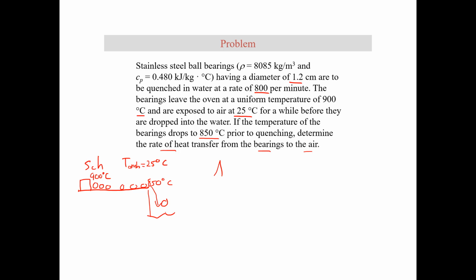Now, let's draw some assumptions. Number one, I'm going to assume the bearings are solid. Number two, I'm going to assume the change in kinetic and potential energy of the system is 0. This is for delta E system.